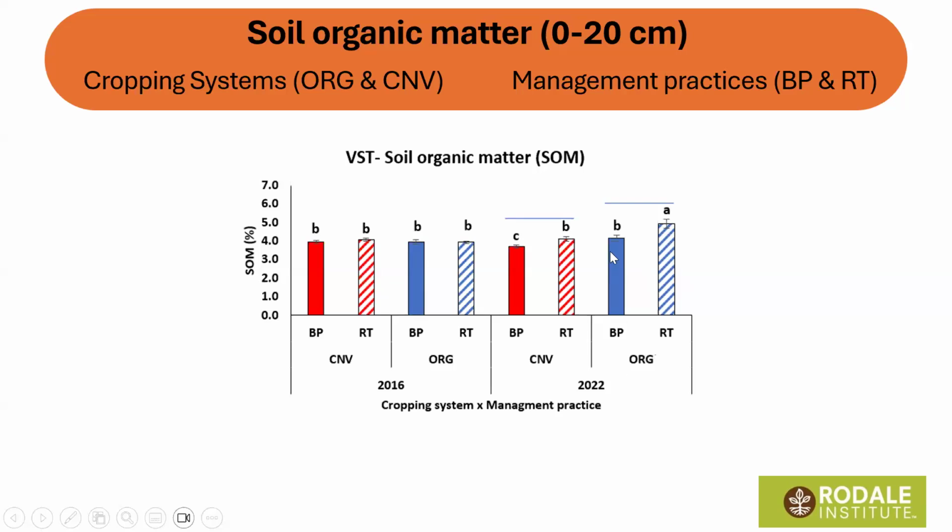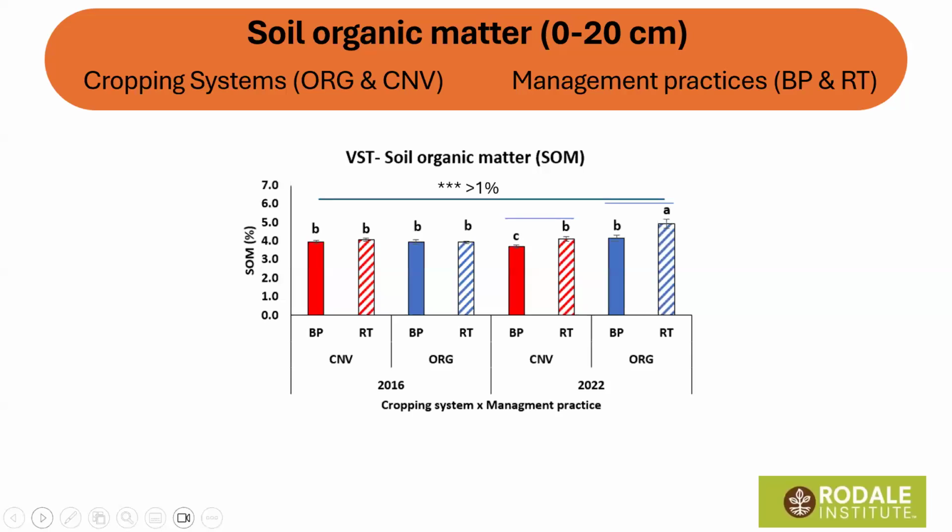We did not build more in the intensive tillage organic, although it is there, but it is not as statistically significant as in the reduced tillage, what I meant to say.